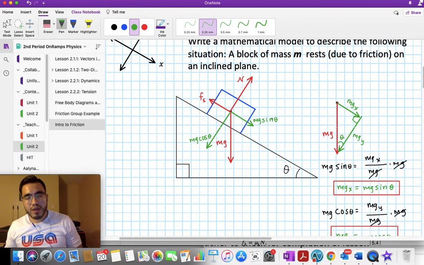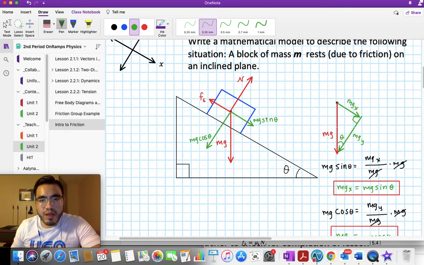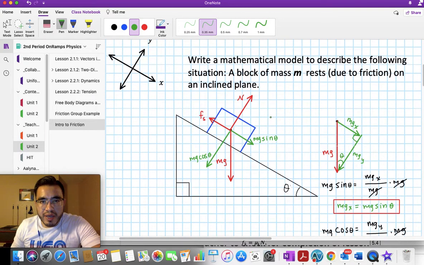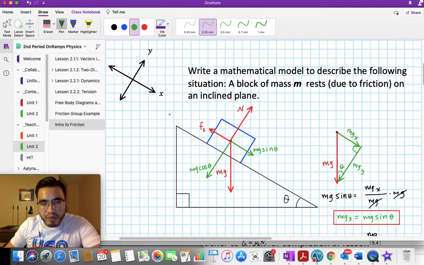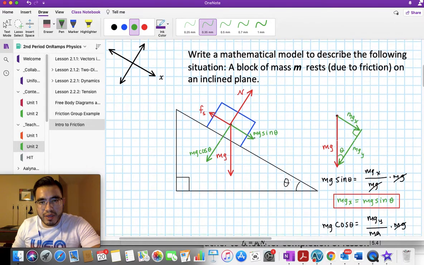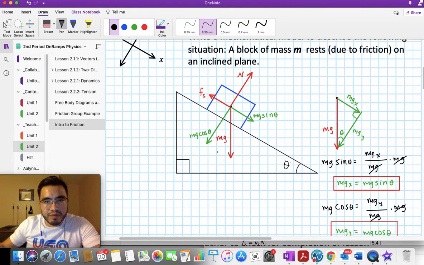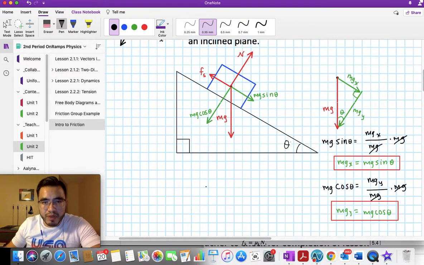Okay, now let's do the mathematical model. So let's sum the forces. We're only going to use forces along the x and along the y, as per our coordinate plane. Let's start with the x. You can start with the y, but I want to start with the x.